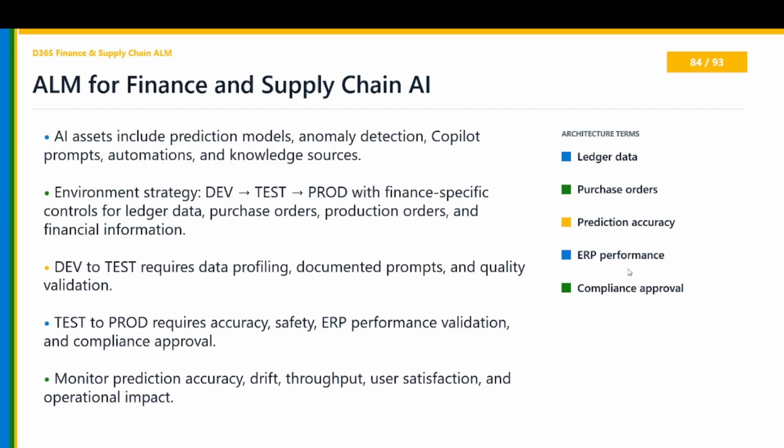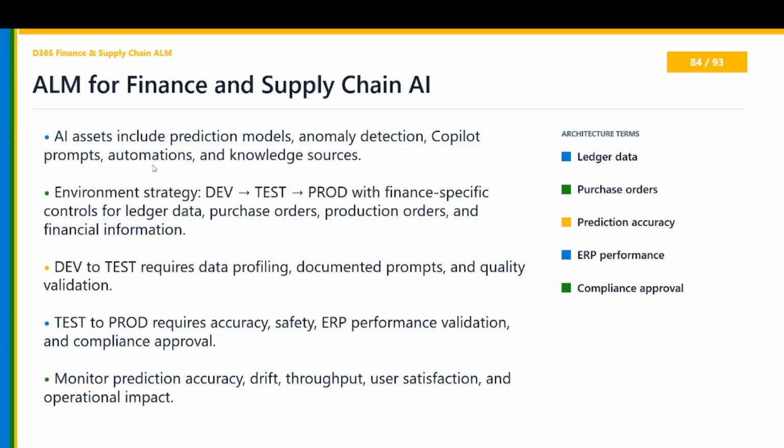And then how do you make sure of their performance when you integrate with an agentic AI system? Then the compliance approval. These are financial platforms, and security must be very tight. Compliance must be in place. Strong governance must be implemented. So these are the architecture terms that you should understand here under Dynamics 365 Finance and Supply Chain Application Lifecycle Management. So let's look at them in depth.